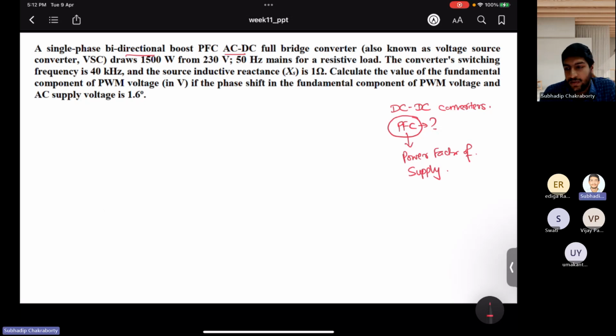But loads have their own characteristics, their own power factors, their own nature of currents that they will draw, just like we saw in the previous sessions. When you plug in a load, it will draw some non-linear or linear current, whatsoever. That depends on the components attached with that load. So load power factor and load currents we can't regulate.